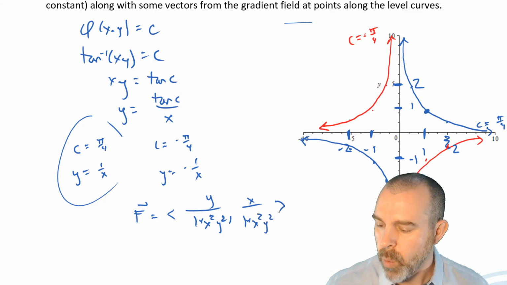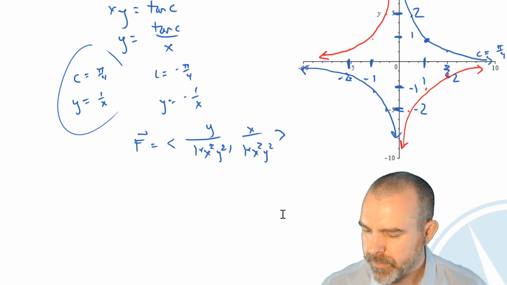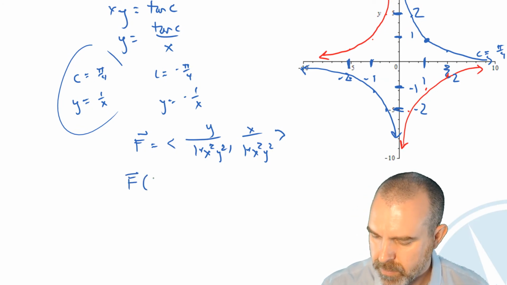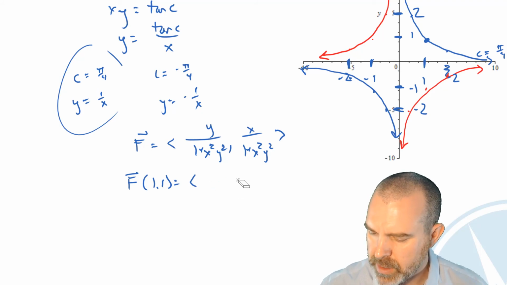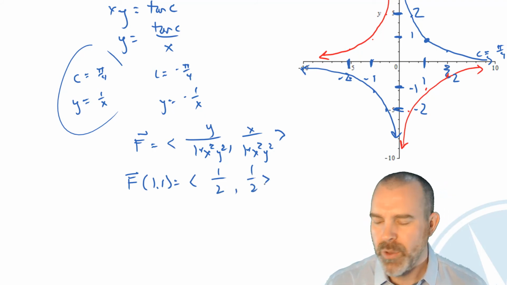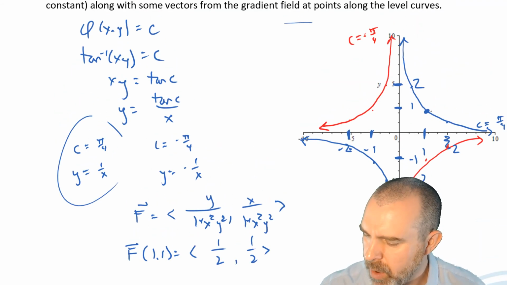So let's try that at 1, 1. It would be 1 over 1 plus 1, so 1 half, and then 1 half.